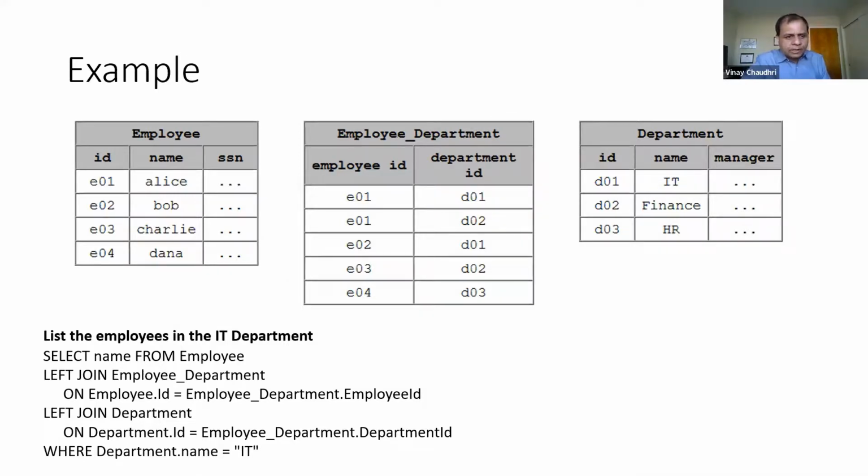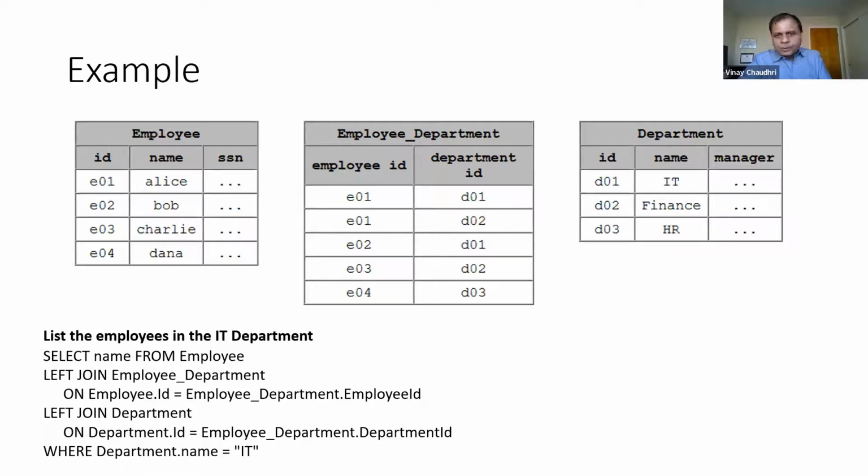The way it would work is we first select a name from the employee table. Then we do a join between the employee table and the employee department table to figure out which department that employee works in.